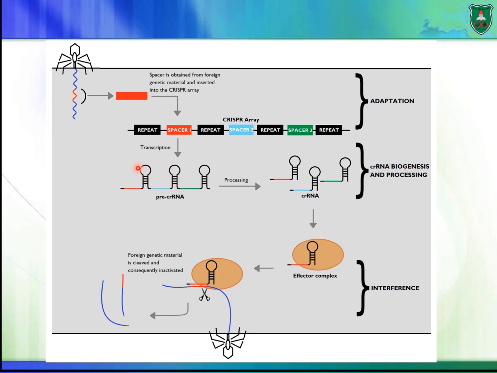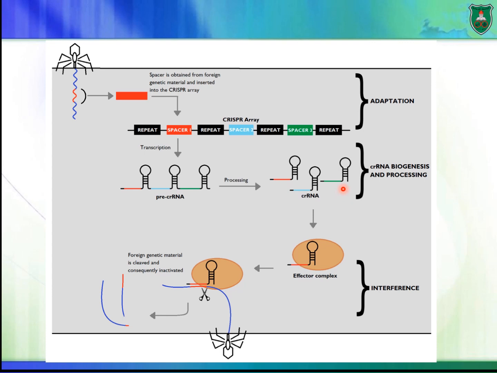Since they are palindromic, that is, they read the same 5 prime to 3 prime on one strand as on the opposite complementary strand, the RNA will have this shape, and hydrogen bonds would form between the different palindromic sequences. They get processed, and you have different CRISPR RNA molecules produced.